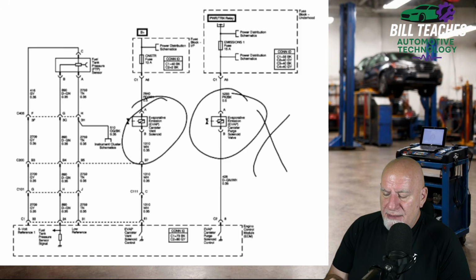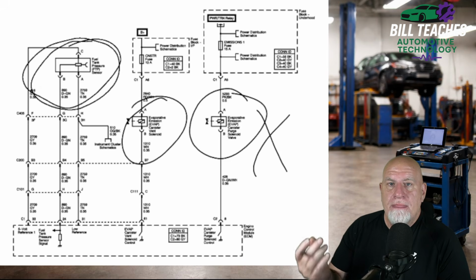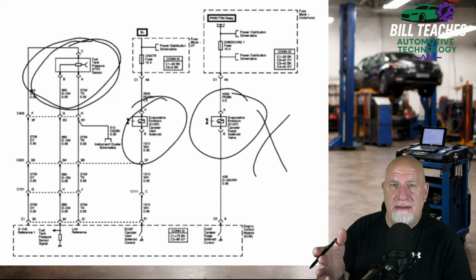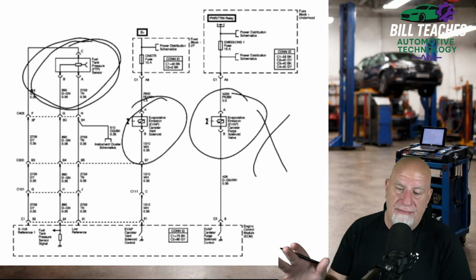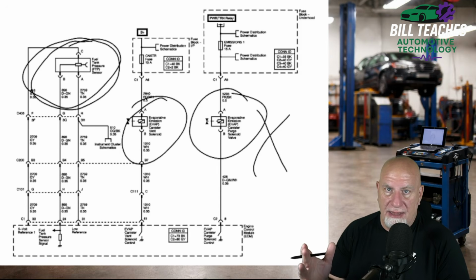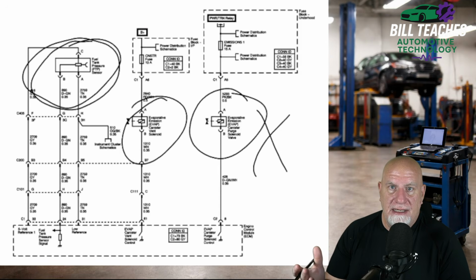Now the PCM is going to monitor the fuel tank pressure sensor and see, is the vacuum bleeding off? Now it's normal to see some bleeding of the vacuum. I have never in my 28 years in the automotive industry seen an EVAP system where the vacuum did not bleed off slowly.